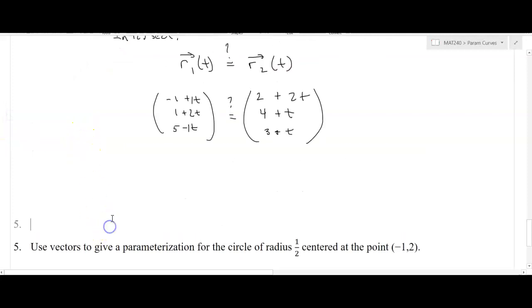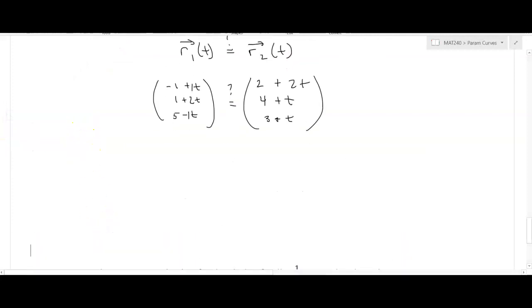X components are the same when -1 plus t equals 2 plus 2t. And I could figure out at what moment in time the x components are the same. If I solve this equation, subtract t, subtract 2, I get t equals -3.